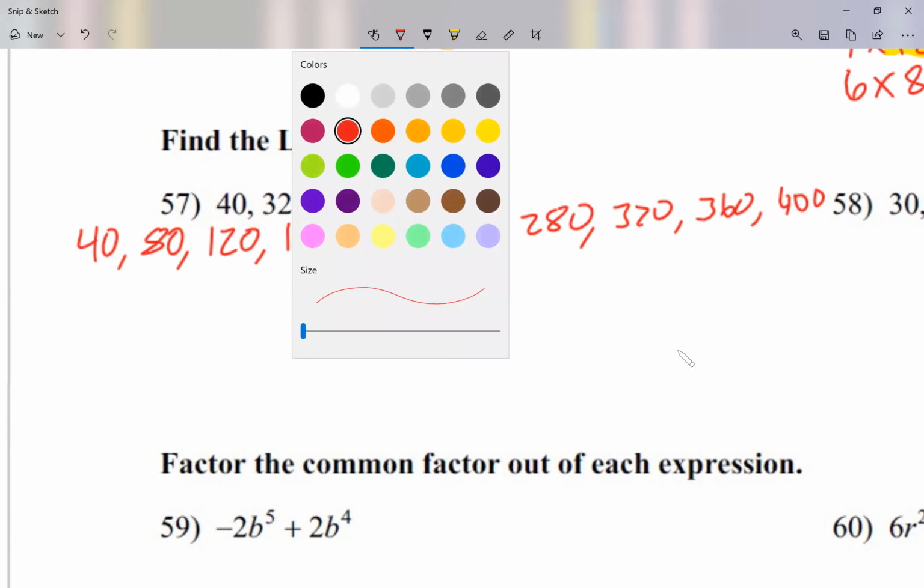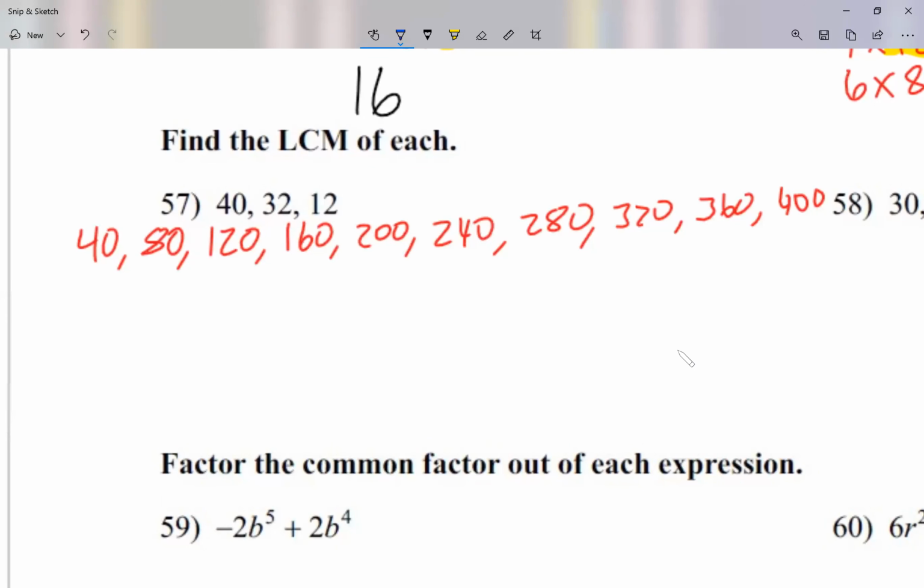Now let me take a look at multiples of 32. I'm going to start with 32, and for each additional number, I'm going to add 32.